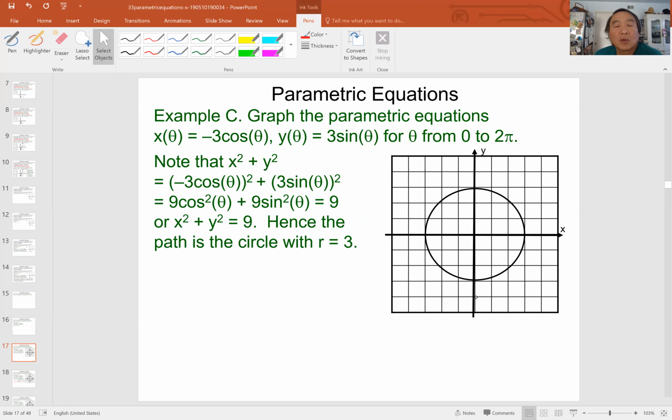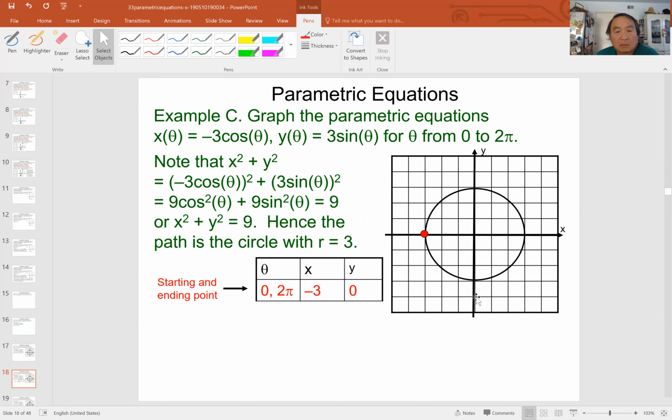And where does the motion start? Well, it starts with the point at theta equals 0. Notice that any parametrization involving only sine and cosine, trig formulas and constants, will have a 2 pi period.